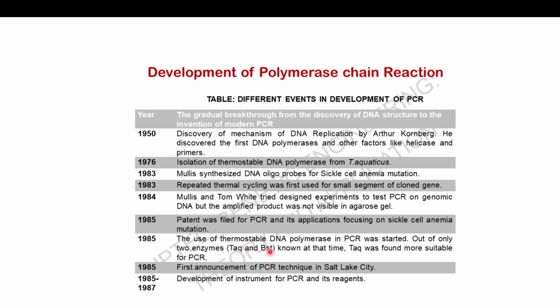In 1985, thermostable DNA polymerase was used, and the name Taq comes from Thermus aquaticus, with Taq and Bst known at the time. Taq was found to be more suitable, and then the thermal cycler, which is the instrument to carry out PCR, was developed, and different kinds of reagents were developed.